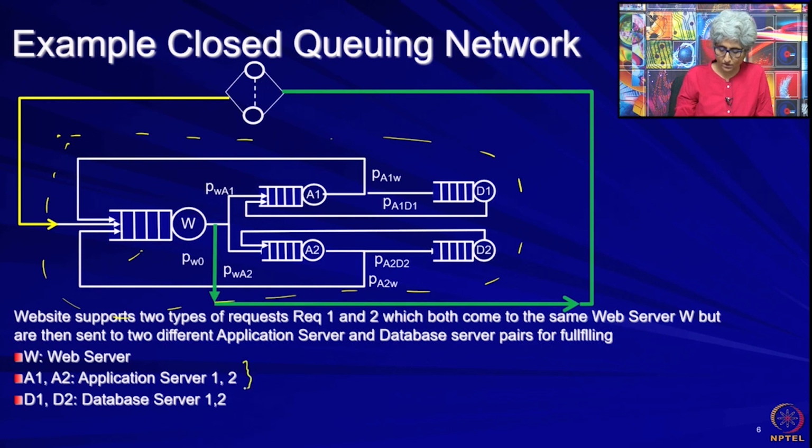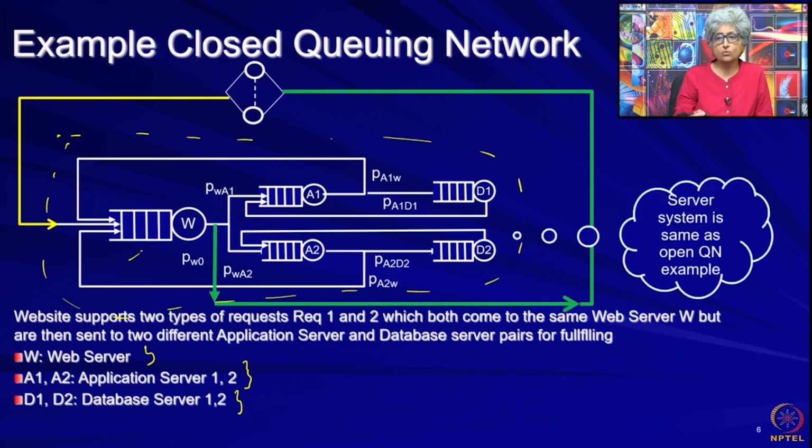This is the two application servers and the two database servers, and there is a web server. So, the server subsystem is the same, we just choose to model it as a closed system now. In the open system we simply had an arrival rate here, and this part here was an exit.